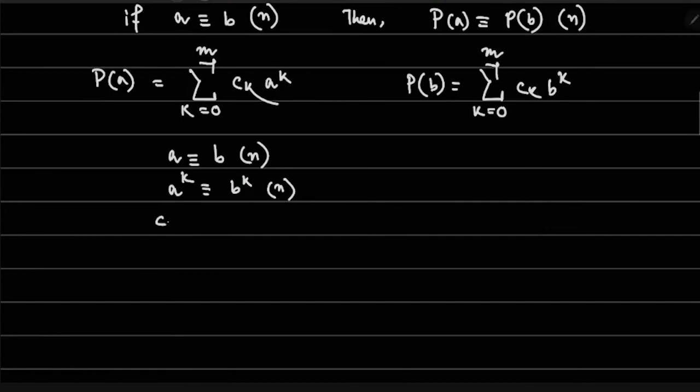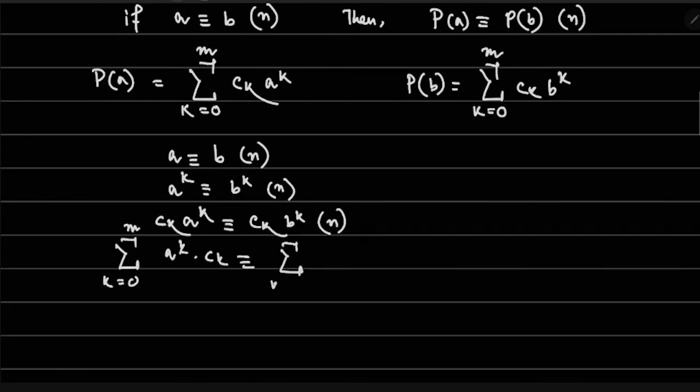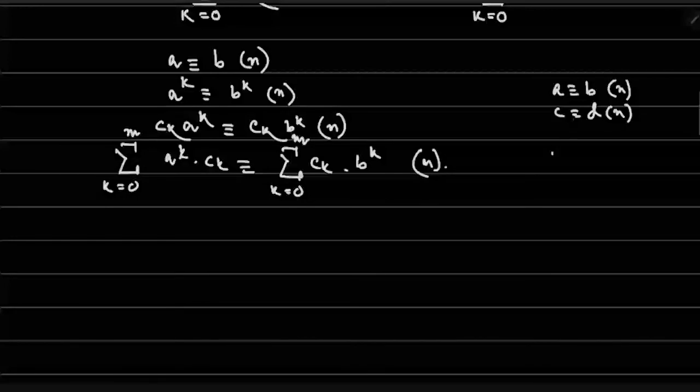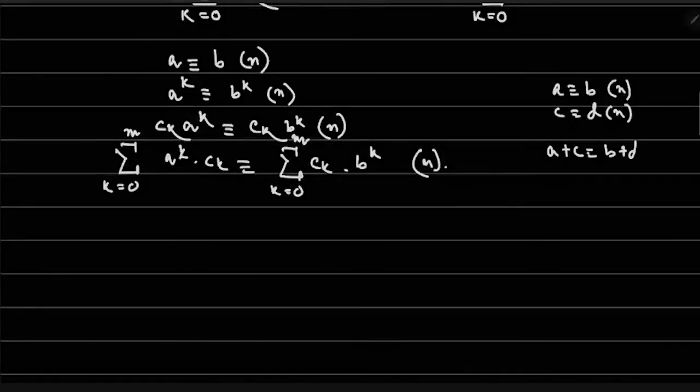Then multiplying by c to the power k, now if you add them from k equal to 0 to m, the sum of ck a to the power k is congruent to the sum over k equal to 0 to m of ck b to the power k mod n. Why? Because if a is congruent to b mod n and c is congruent to d mod n, then a plus c is congruent to b plus d, right?